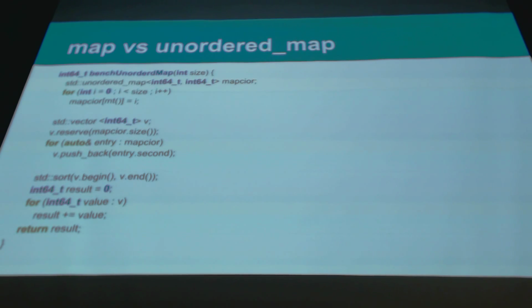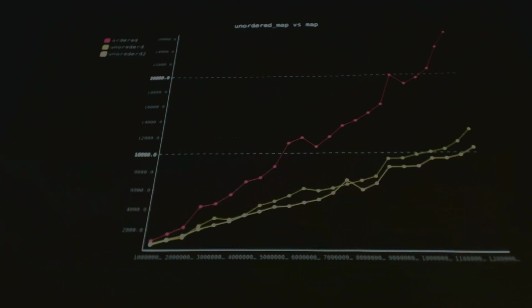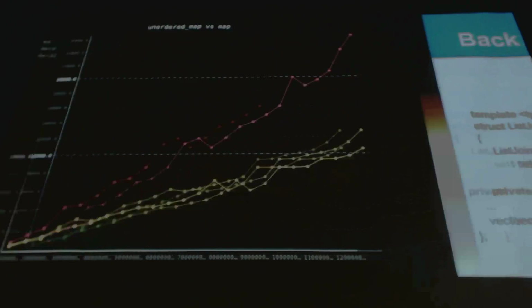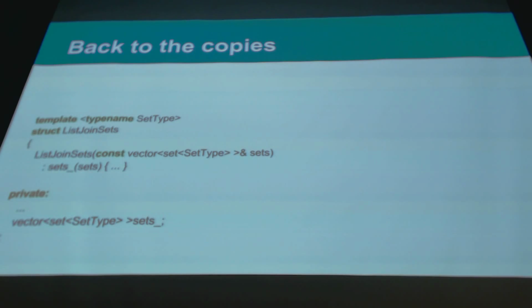So we can only take, for example, a std::vector of values, then reserve the space, put everything inside, and then it will be a little bit faster. Not so huge a difference, but still. Okay, so yeah.